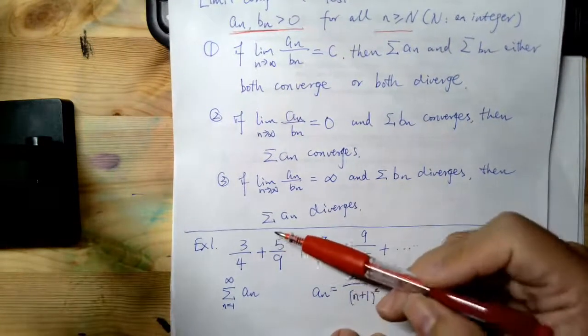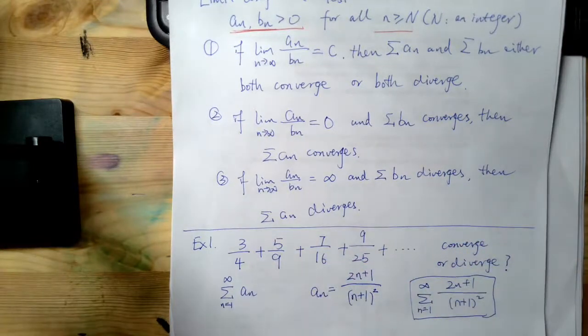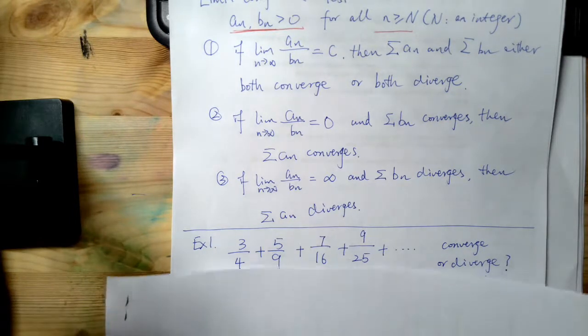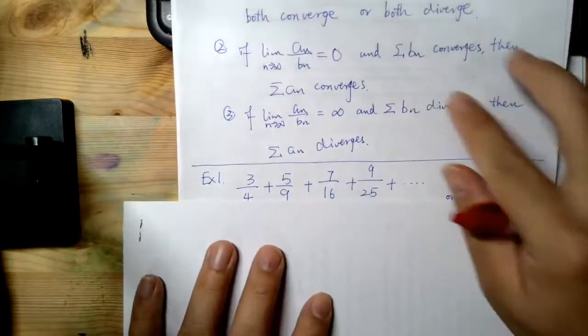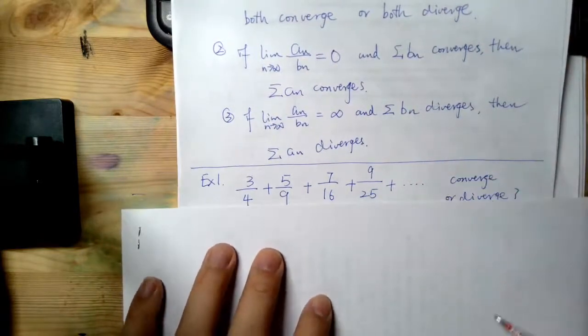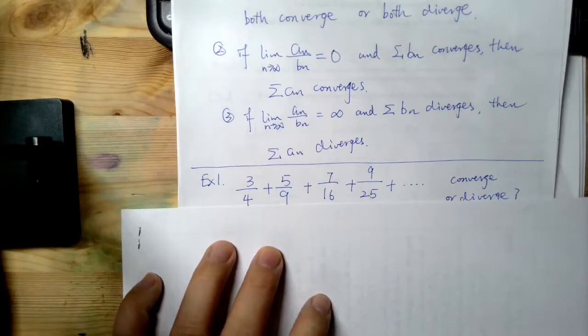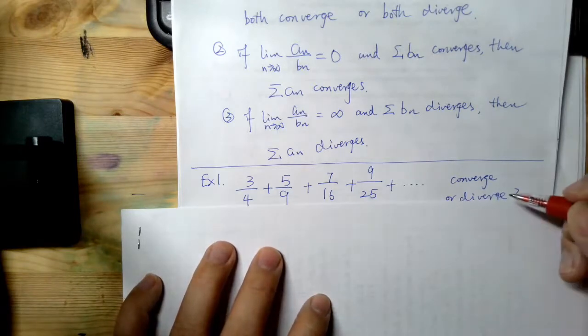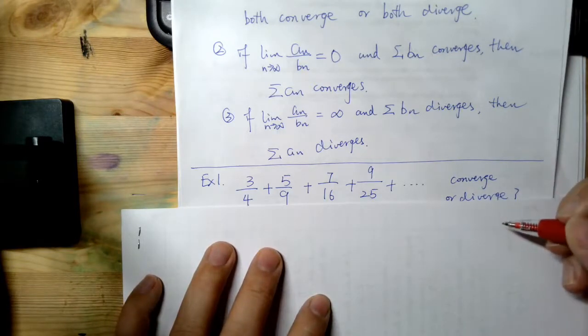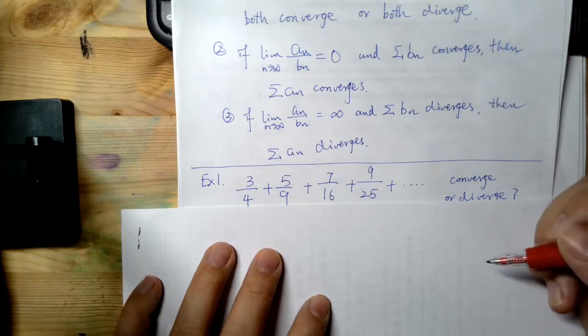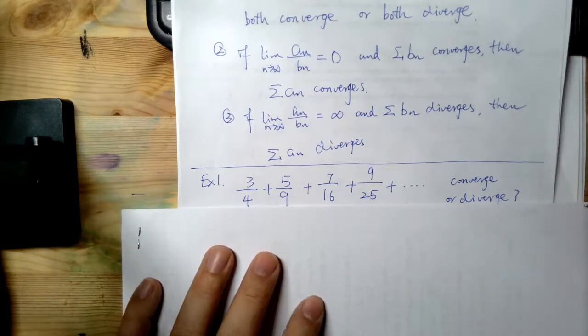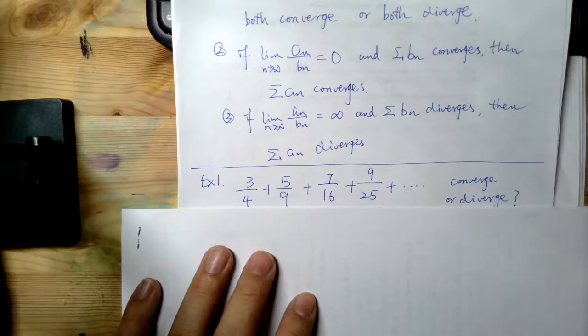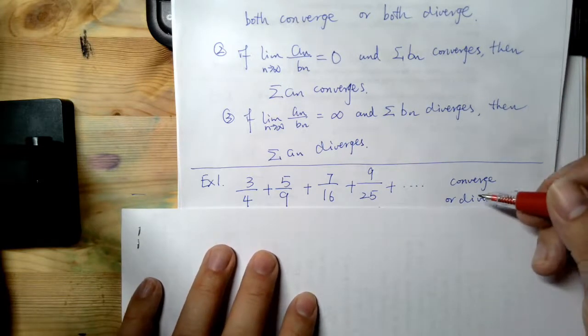We have 3 over 4 plus 5 over 9, plus 7 over 16, plus 9 over 25. The question asks us if this series converges or diverges. So that's our first example, and we're going to try to use the limit comparison test to handle this problem.